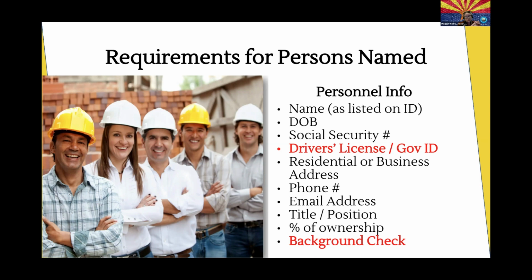Background check is also another item that is highlighted in red because many times applications are submitted without background checks. Your background check should be completed before you submit your application to us. Your background checks are going to be good for 90 days. So just make sure you get those in and completed before you submit your application.